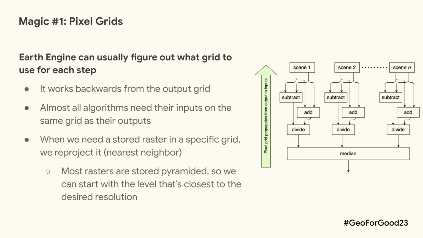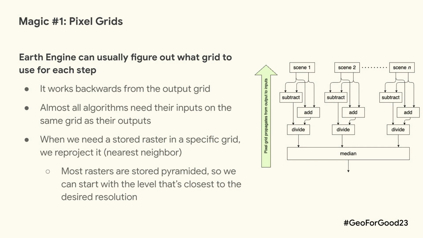So with Earth Engine, you don't write your script exactly that way. Obviously, you write it in JavaScript or Python, but Earth Engine converts it into this kind of data flow representation. And it uses that data flow in two ways. Obviously, it starts at the pixels at the beginning, does this processing, and produces a result at the end.